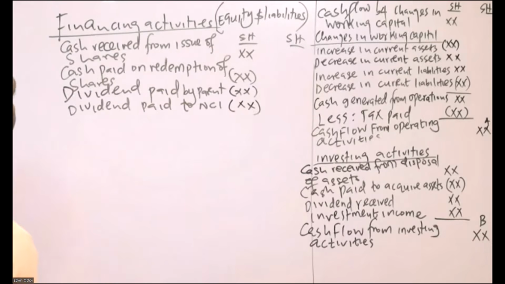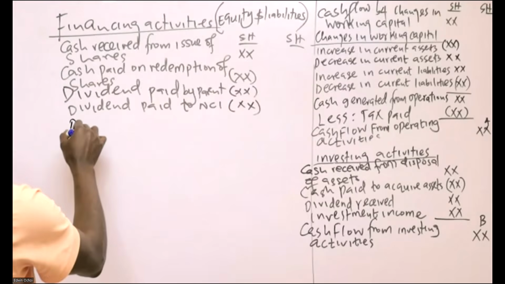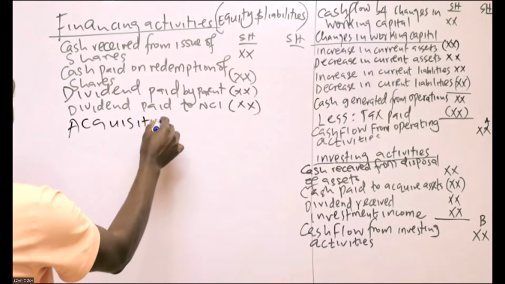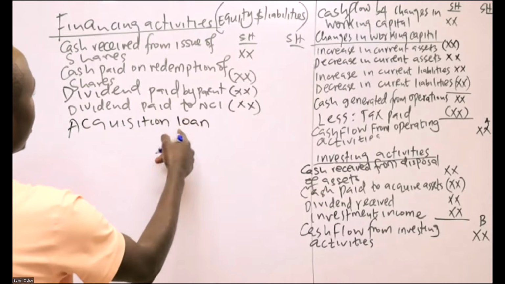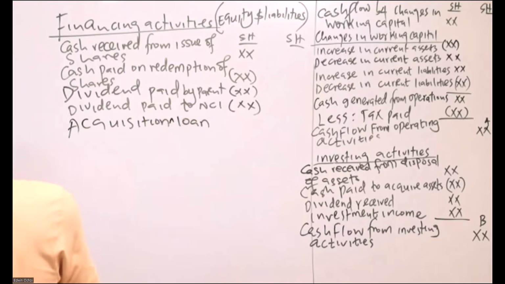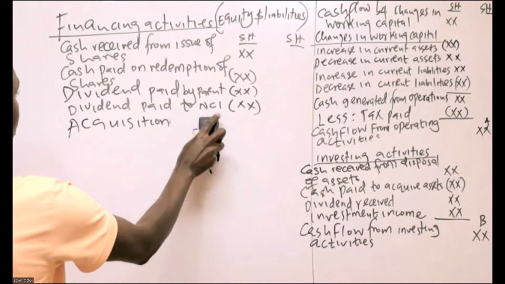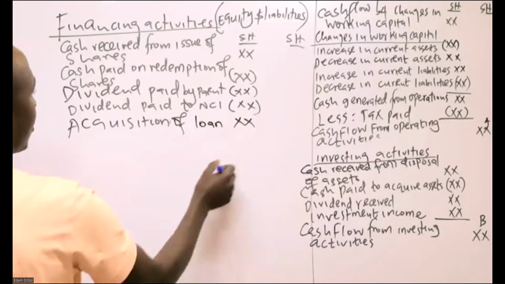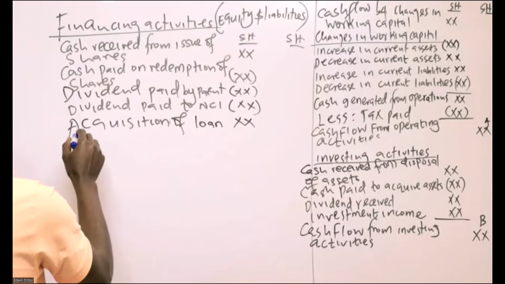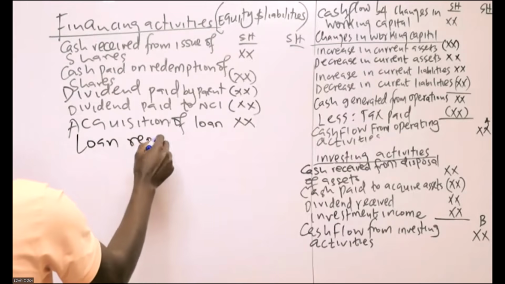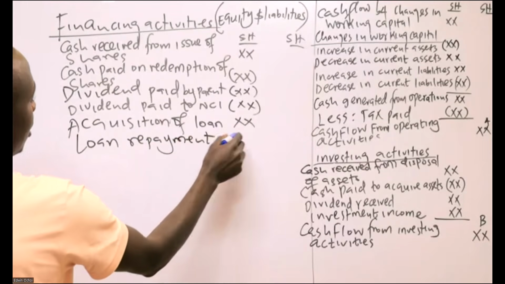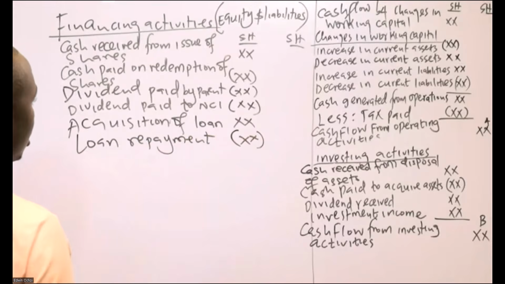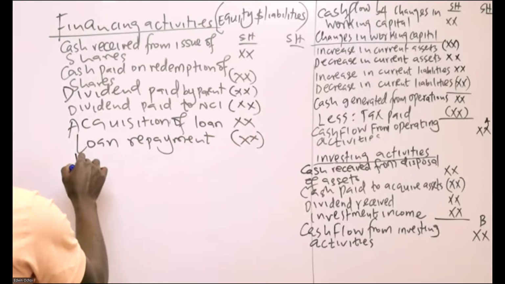Then after that, you can talk about obligations, like acquisition of a loan. So this is money in. You went and took a loan from a financial institution. Loan repayment, you can pay the loan. So money out. Then we can talk about interest paid.